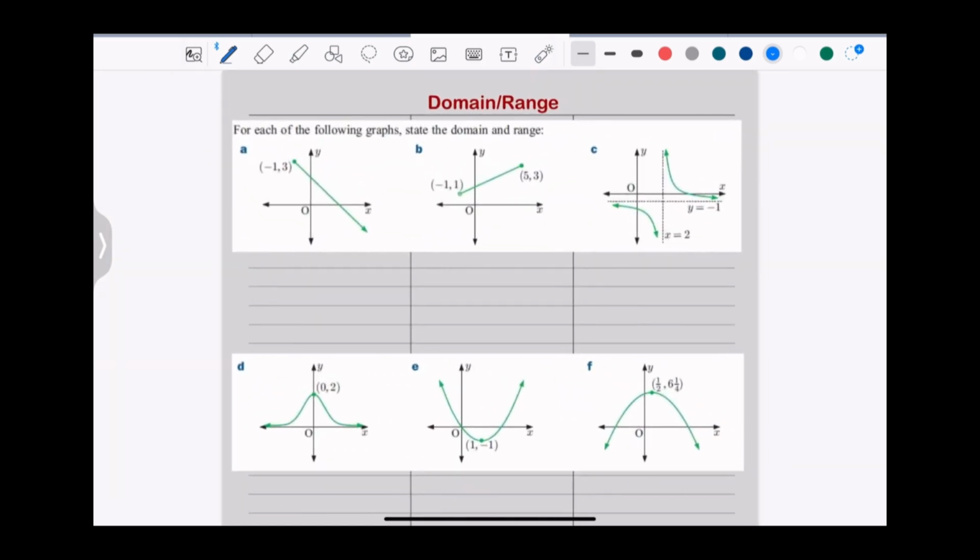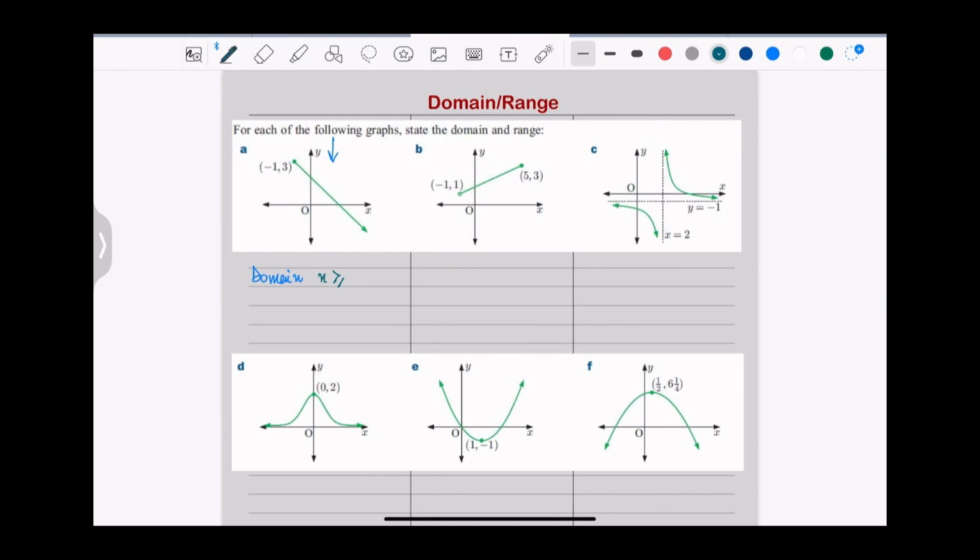Now for each of these graphs, you're to state the domain and range. If you see this one, it is single-ended, so it has a starting point and the domain is x greater than or equal to -1, because this hole is filled.